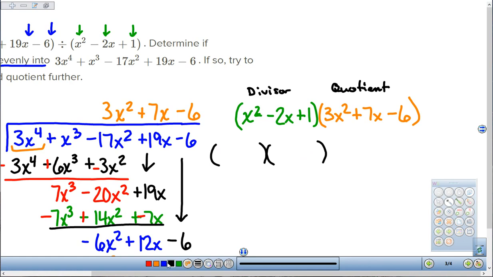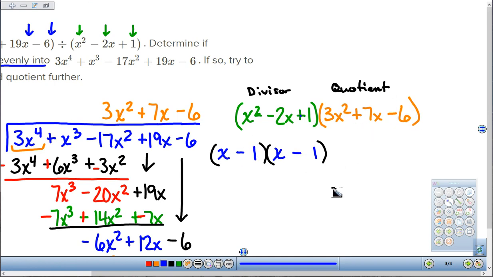From the earlier part of this chapter, we should remember how to factor this. We have x and x to give me the x squared. Factors of 1 that add to give me a 2. There's only one pair of factors for 1, that's 1 and 1. And if I add 1 and 1, I do get 2. Since it's a negative 2, they're both going to be negative. This is factored.